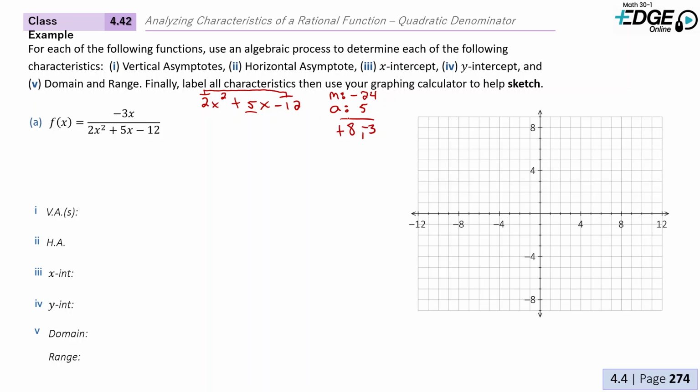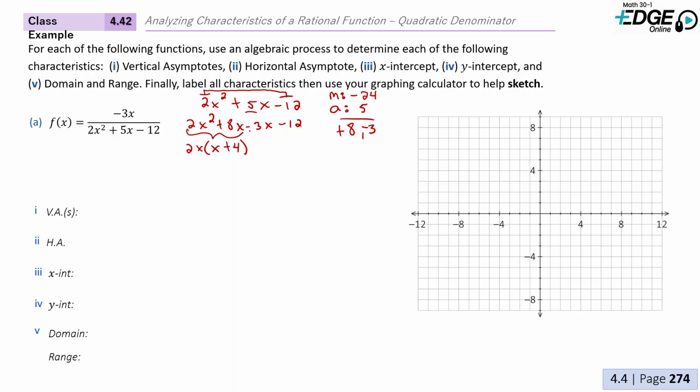So now we're going to rewrite this with those two numbers. So this would be 2x squared plus 8x minus 3x minus 12. And then we'll factor these first two on their own. So then we have 2x, start a bracket, and then we have x plus 4.